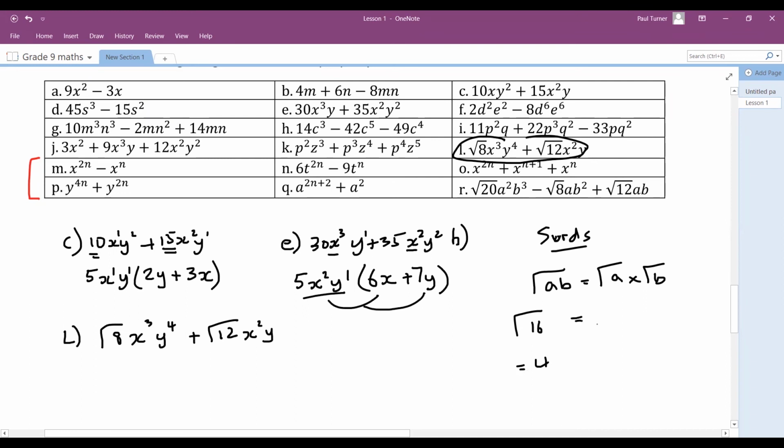You could write that as root 4 times 4, because 4 times 4 is 16. And then you can split it to the two separate numbers. Root 4 times root 4. Root 4 is 2, root 4 is 2, 2 2s are 4, same.